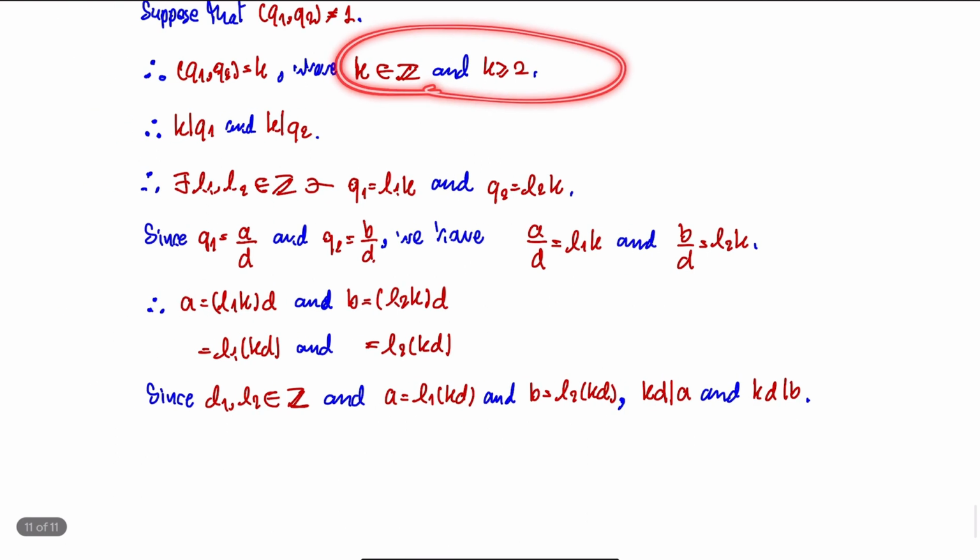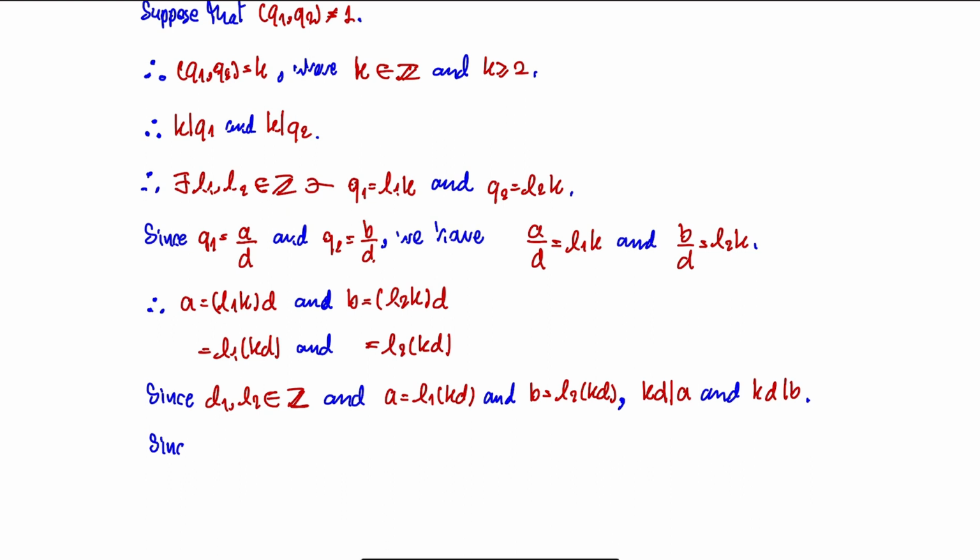K is an integer, and since K is greater than or equal to 2, we have K D greater than or equal to 2D. And 2D is greater than D, right?